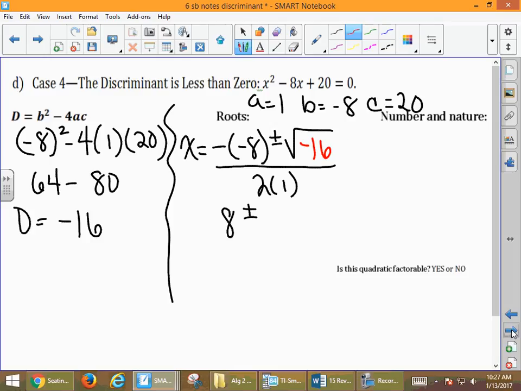Got a yes? Tiffany? What's the square root of negative 1? We're going to get an imaginary number. Square root of negative 1 is an i. Square root of 16 is 4.